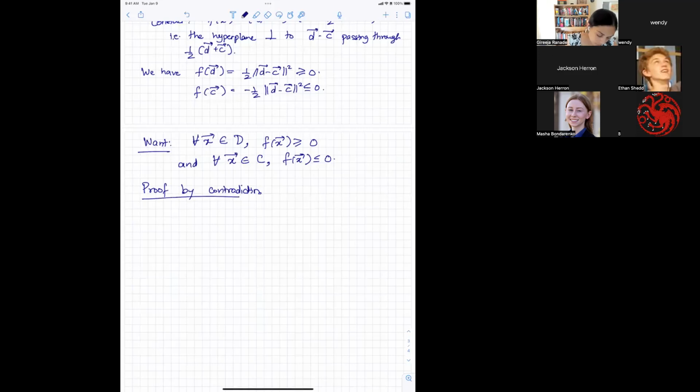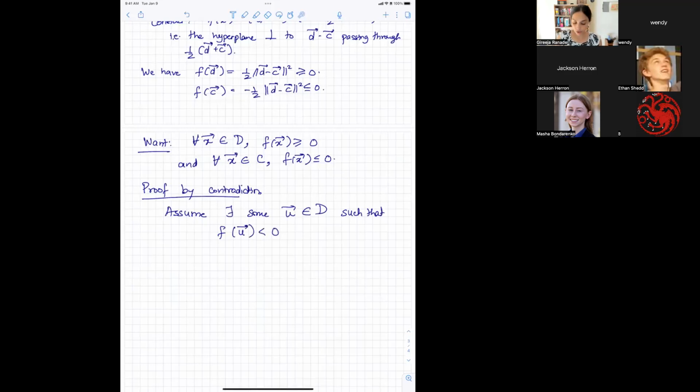In particular, we're going to assume there exists some vector u that belongs to D such that f of u is strictly less than 0.